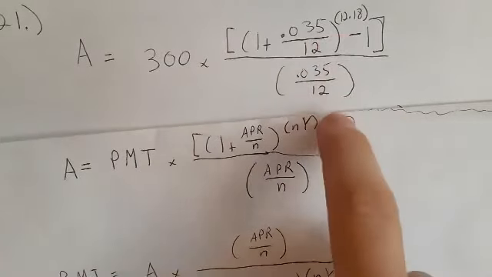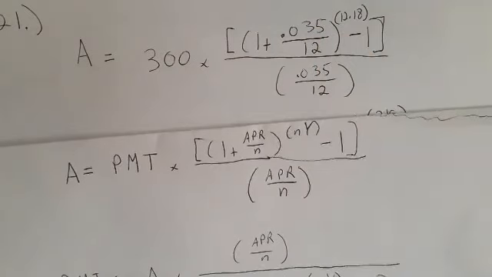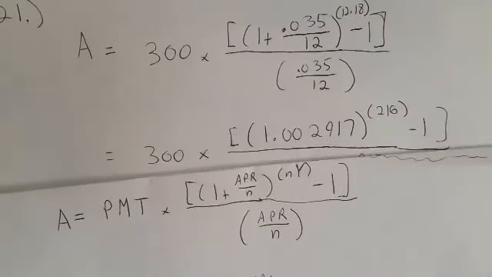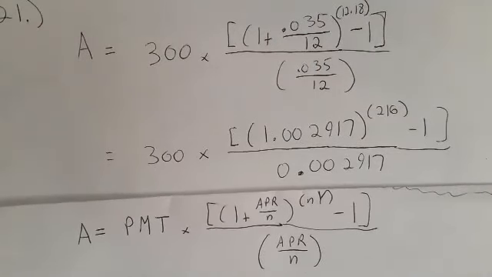This should look similar to that. We have this number. The first thing you can do is parentheses. If you do 0.035 divided by 12, what number does that give you? I got 1.0029. Yeah, it should be 0.00291, like 6 repeating, something like that.